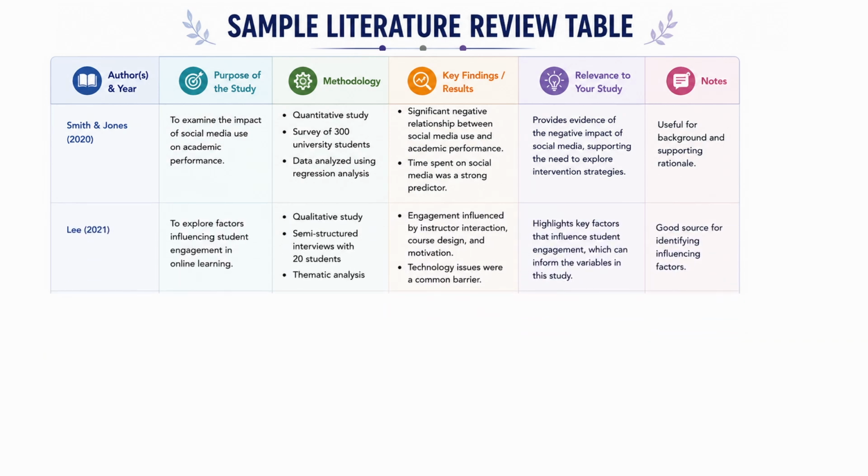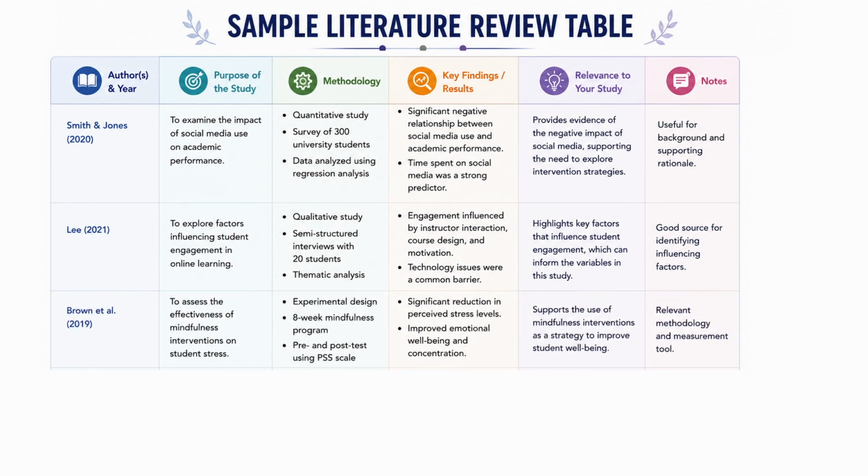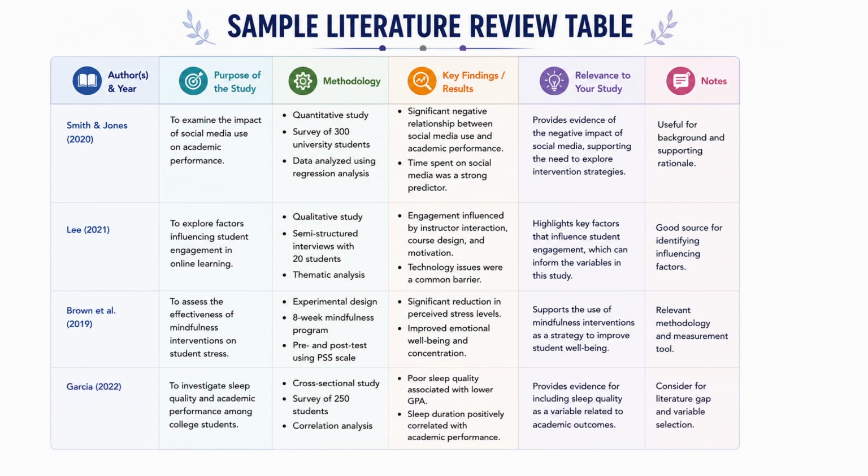Okay, this is the second study. Purpose of study, methodology, key findings, and relevance. Okay, third study. Then fourth study. Students, please keep in mind, in the literature review chapter, there will be sub-themes.